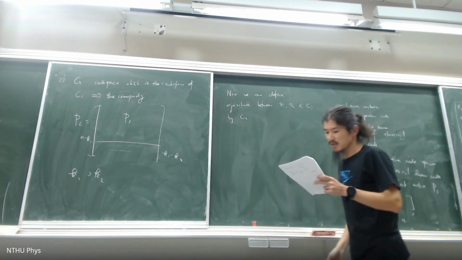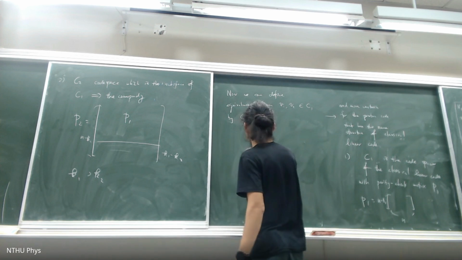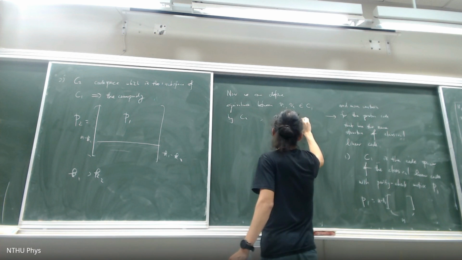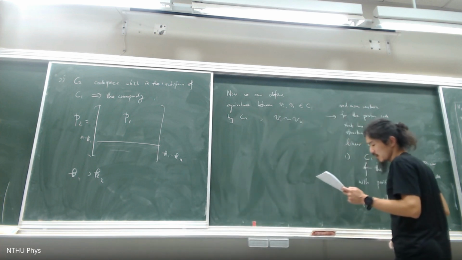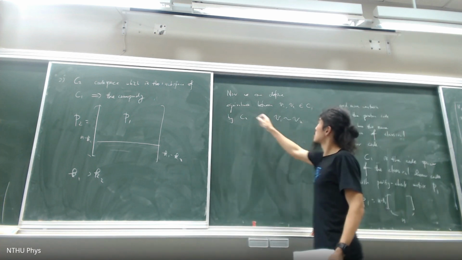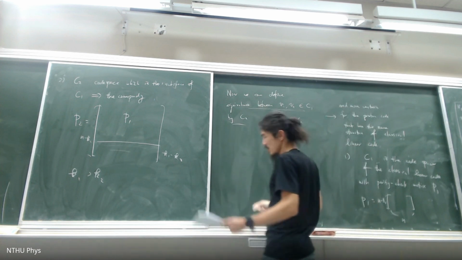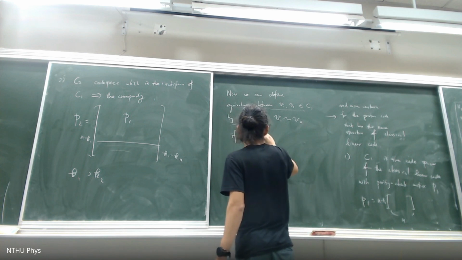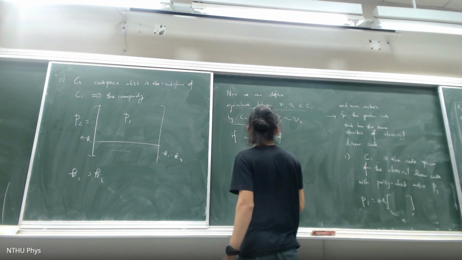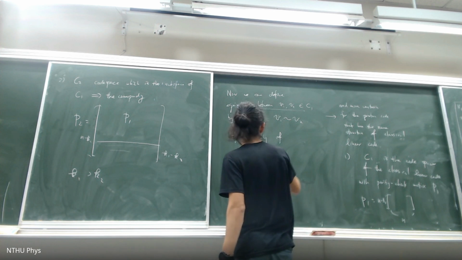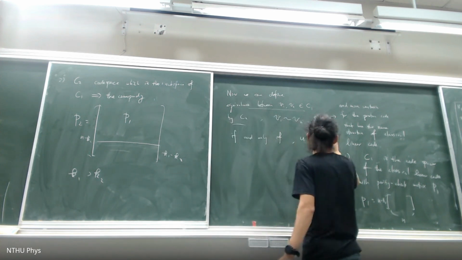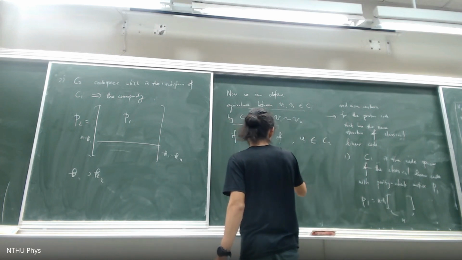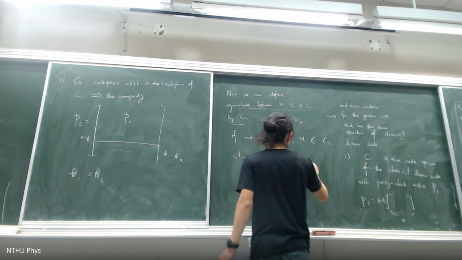How do we do that? The notation is V1 is equivalent to V2 by C2, if and only if there is a U belonging to C2 such that V1 plus U is equal to V2.